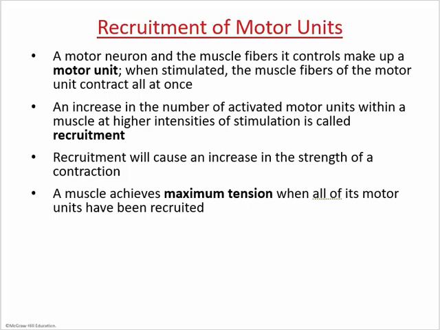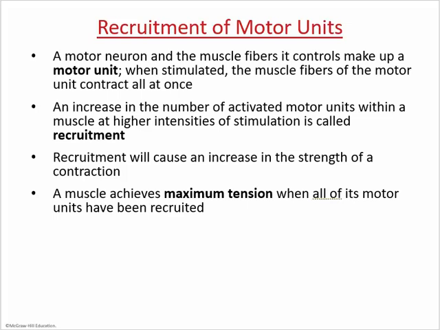So we'll see this in a lot of fine control. So when we need more strength, we just recruit more motor units. So if there's a high intensity, you want your biceps to be contracting more strongly, then you recruit more motor units.